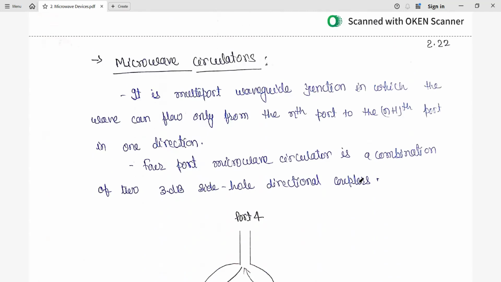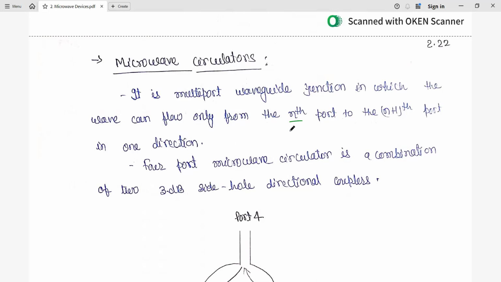Now finally we are going to see the microwave circulators. That part was only about ferrite materials and Faraday rotation. In microwave circulators, we can have n number of ports, but here we are going to consider 4-port circulators. It is a multi-port waveguide junction in which flow goes from the nth port to the n plus 1 th port.